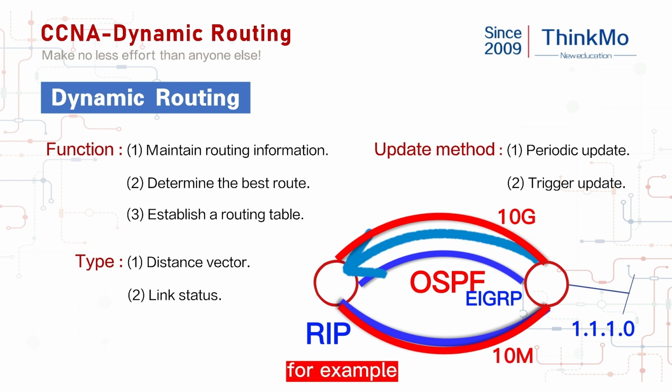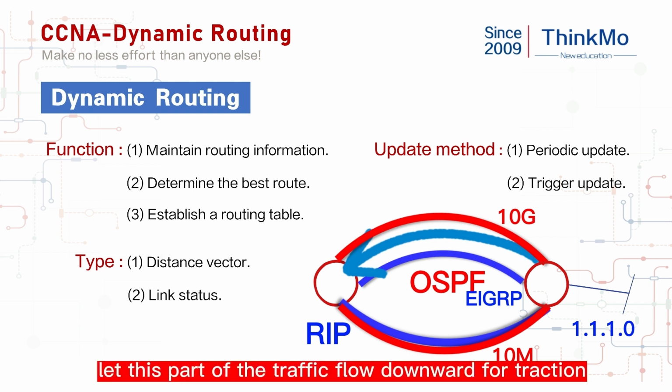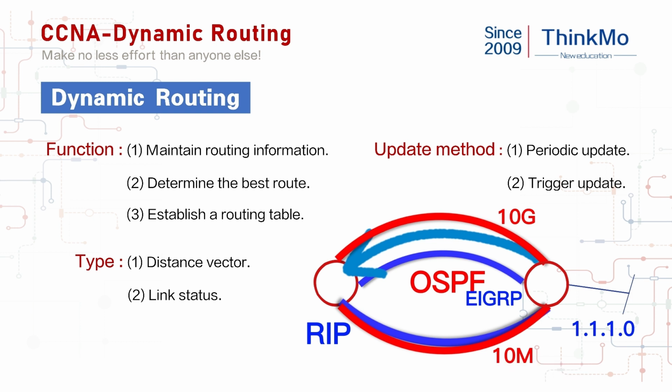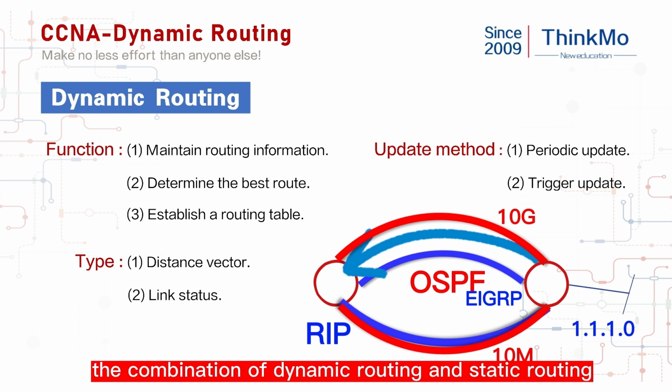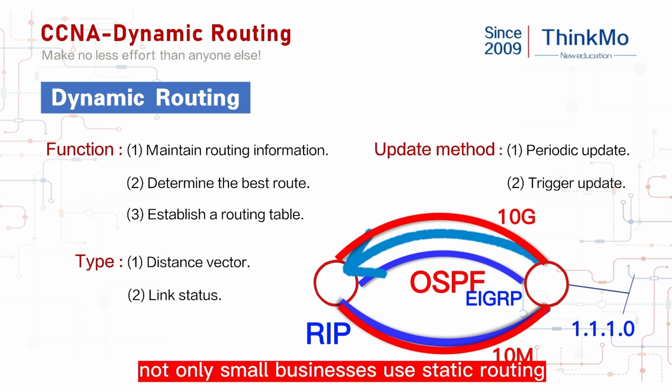For example, for data going to a certain destination network segment, let this part of the traffic flow downward for traction. That is, the combination of dynamic routing and static routing is also very common. Don't understand that static routing is no longer needed. Not only small businesses use static routing. It is a controllable mode of operation.